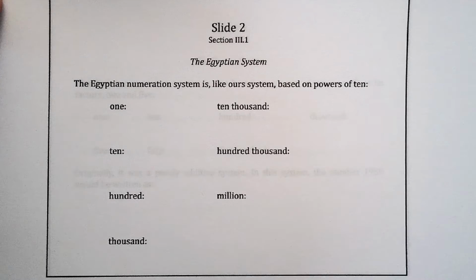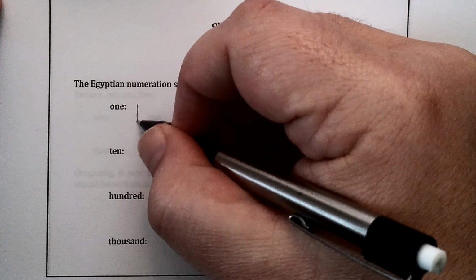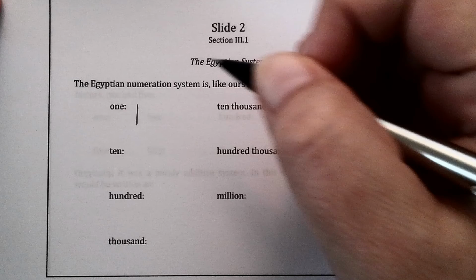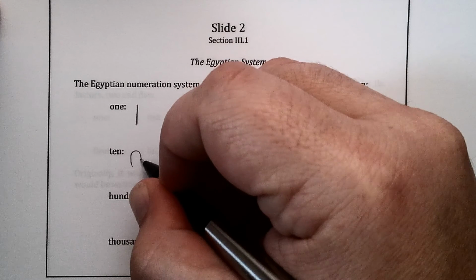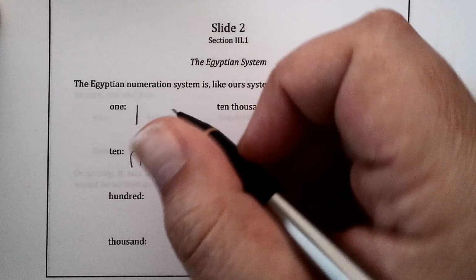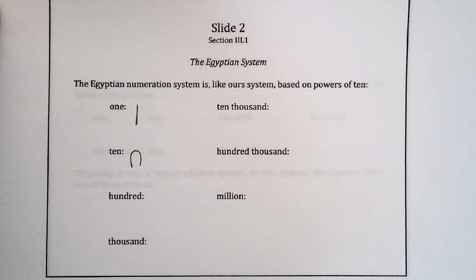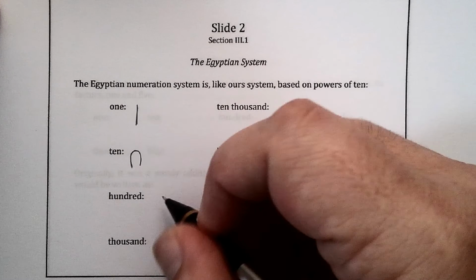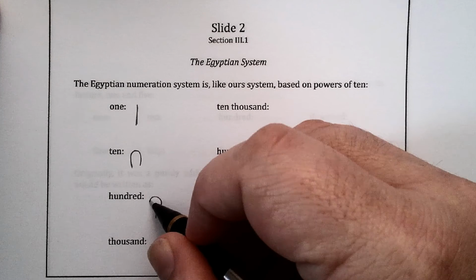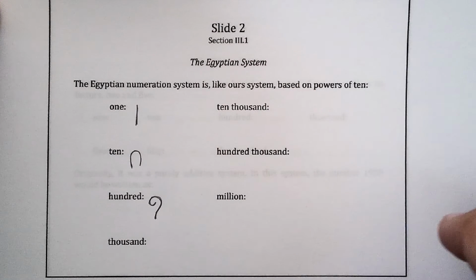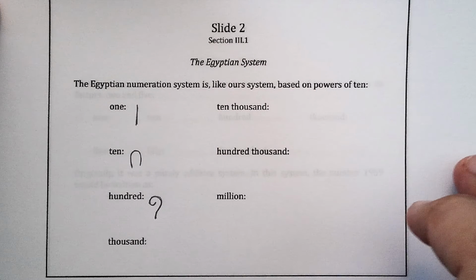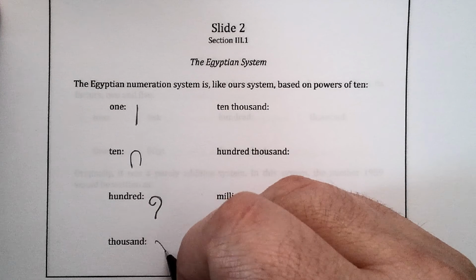So the number 1 would be represented by a staff or just a little line. The number 10 is represented by what the book calls a yoke, like you use to yoke a pair of oxen, or an ox rather. 100 would be represented by a scroll. You can find these pictures in the textbook, by the way. 1,000 is represented by a lotus flower.